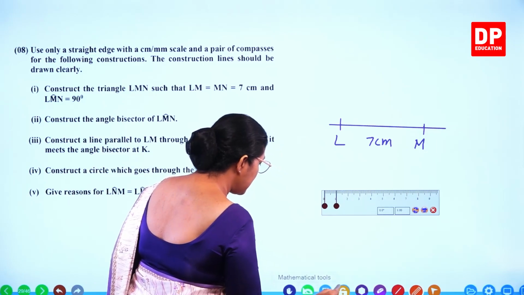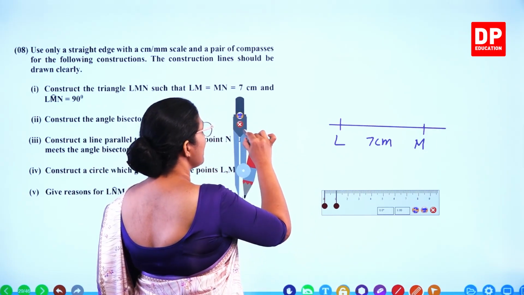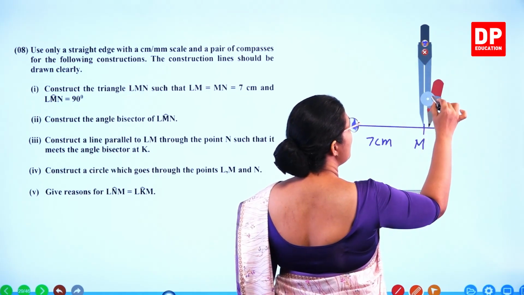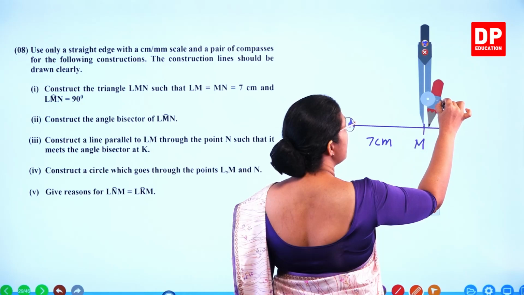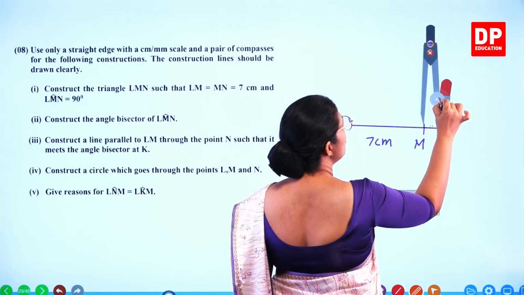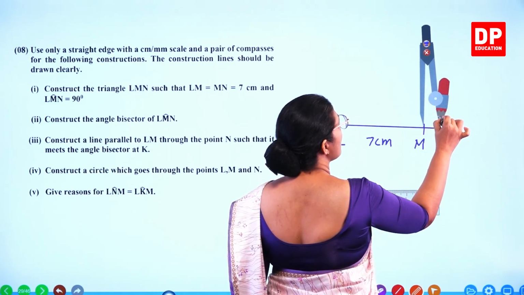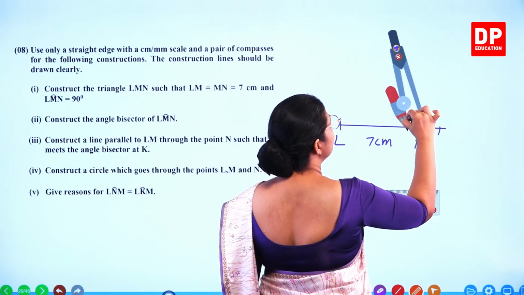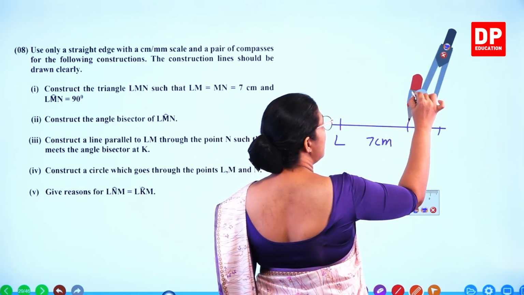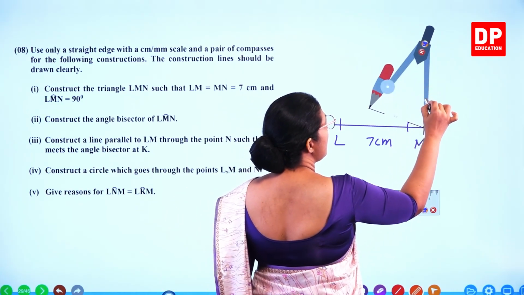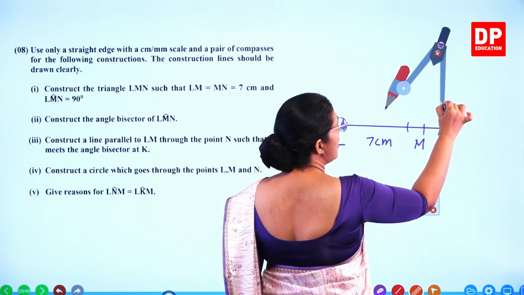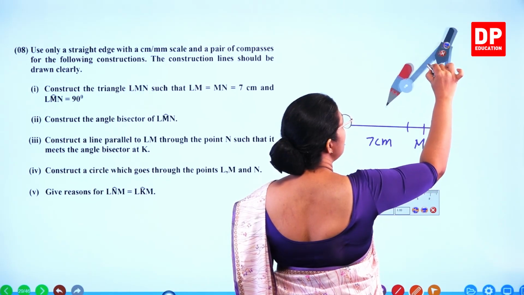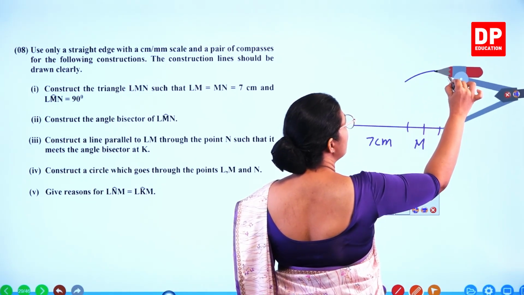How do you construct a 90-degree angle using the compass? You take any length, keep the compass on top of point M, and draw 2 arcs on both sides. Then take a longer length, keep the compass on top of the marked arc, and draw an arc above.